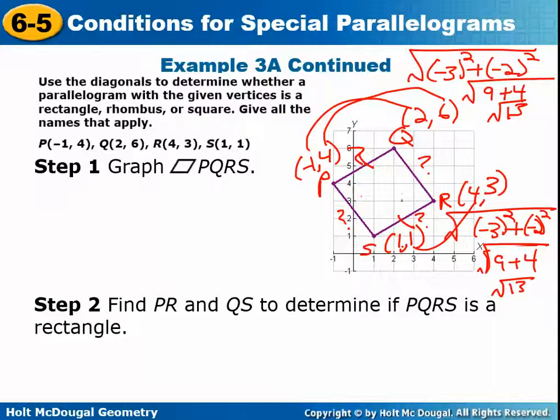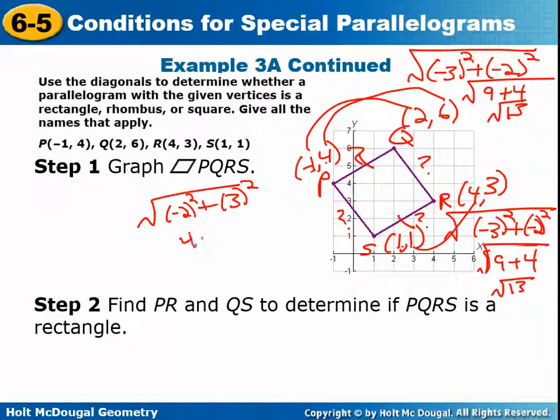Okay, now let's check the other two sides, PS and QR. To do these two, I'm going to take the square root of x minus x, which is -1 minus 1. That'd be -2 squared. And 4 minus 1 would be 3 squared. Let me just double check I did that right. -1 minus 1 is -2. 4 minus 1 is 3.